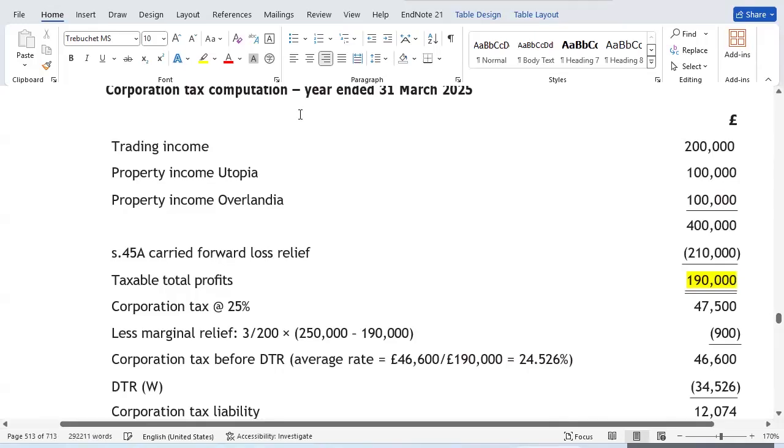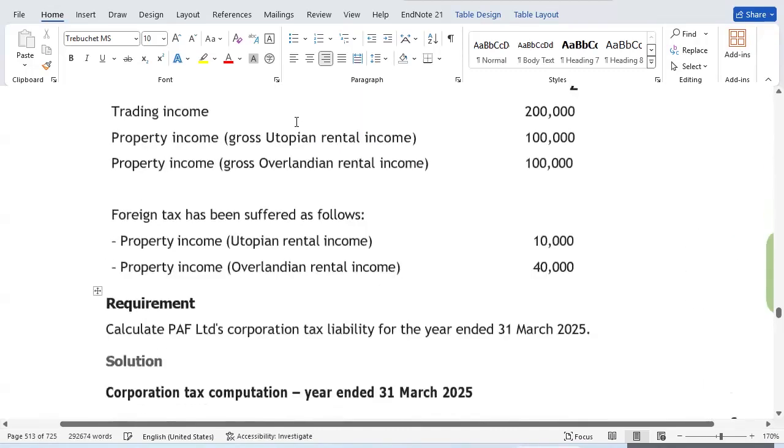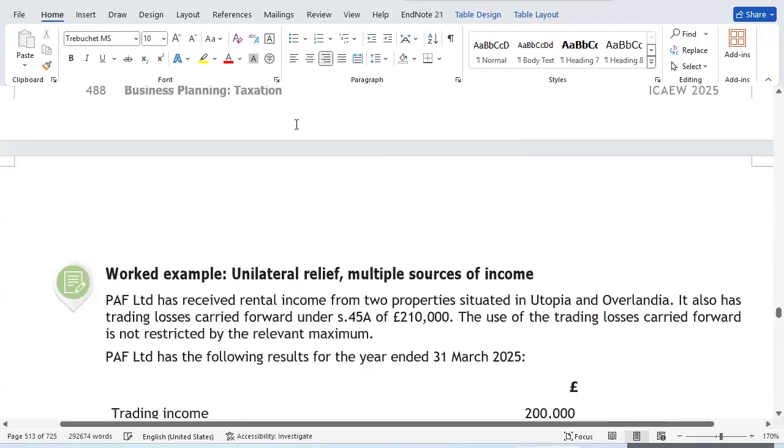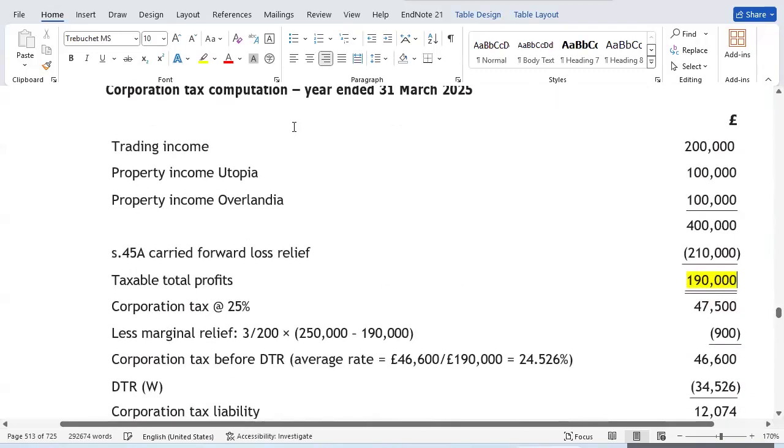Exceeding 250, 25%. So 190 is in the middle. Now here, I don't have to adjust my bands because they didn't tell me anything about associates. Okay? So it's in the middle.